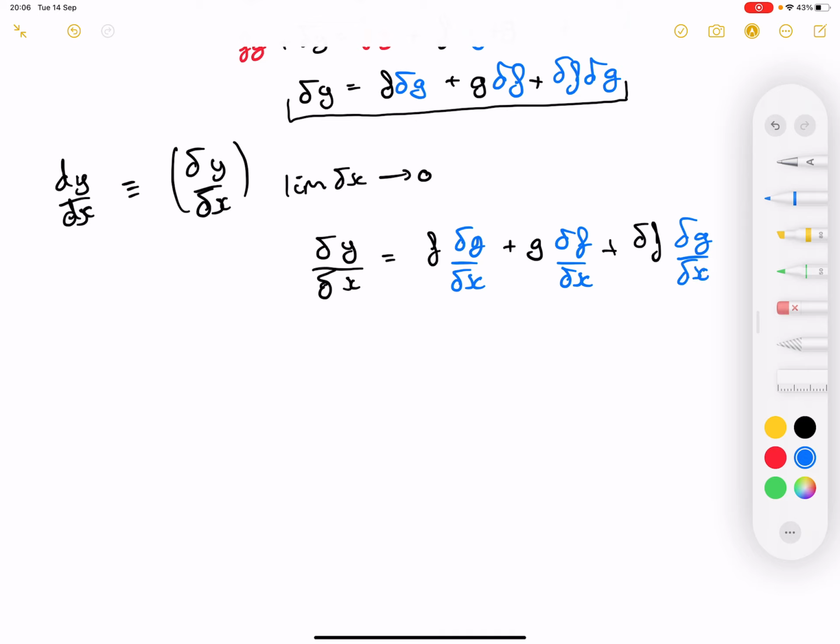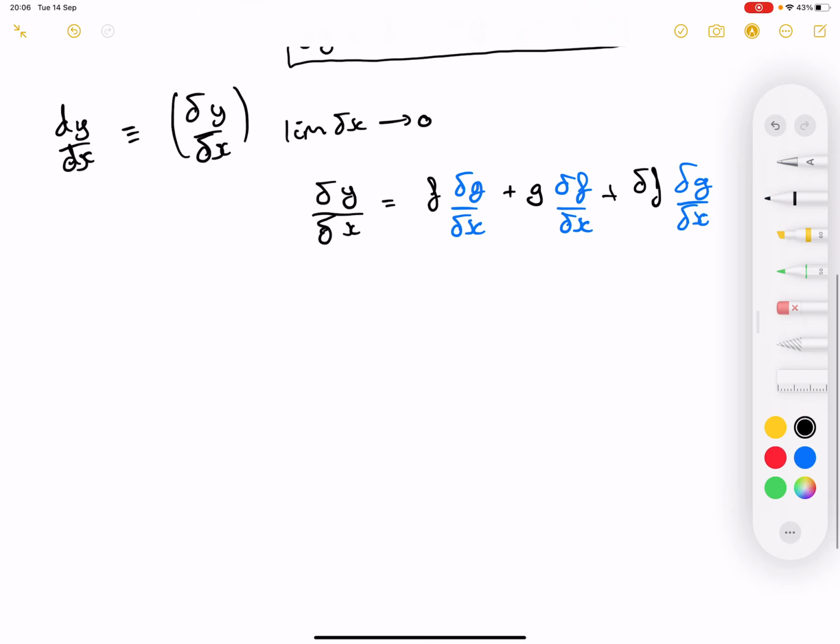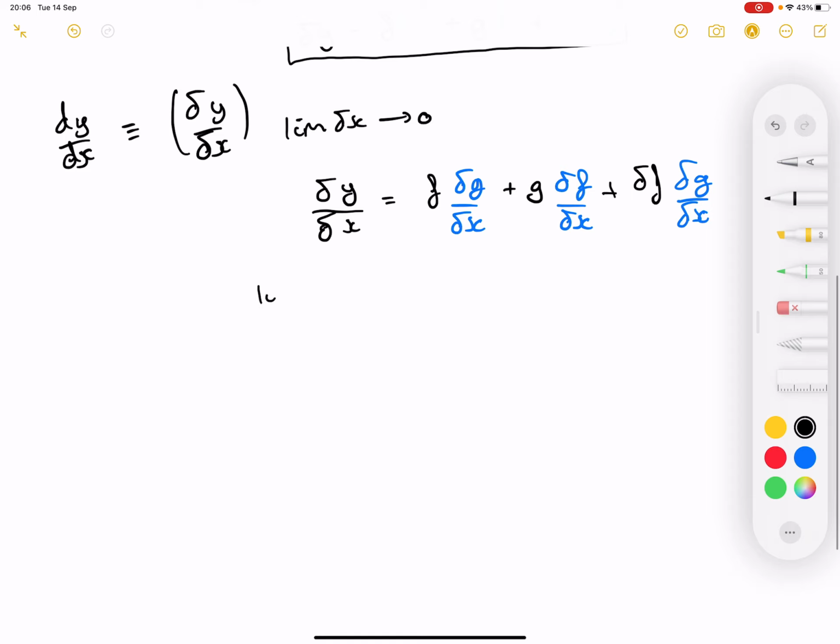So I've written it in this way with the delta something over delta x, just so that when I apply my limit, everything is a bit simpler. So I'm going to apply the limit as delta x tends to 0.